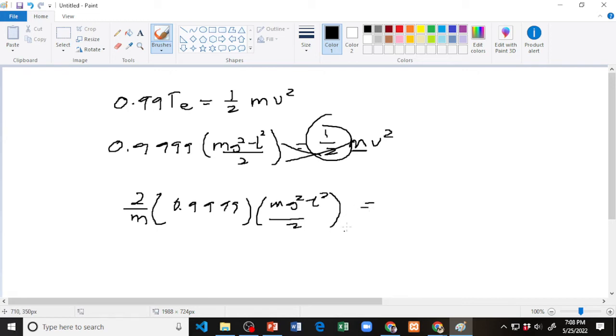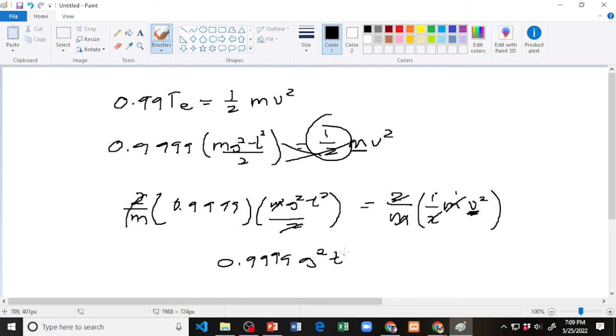Whatever you multiply to the left, multiply to the right, times 1/2 mv squared. You will see that this one will cancel out, and we will be able to isolate this, and same is true with this. So you have a formula now which is 0.99 g squared t squared is equivalent to v squared.